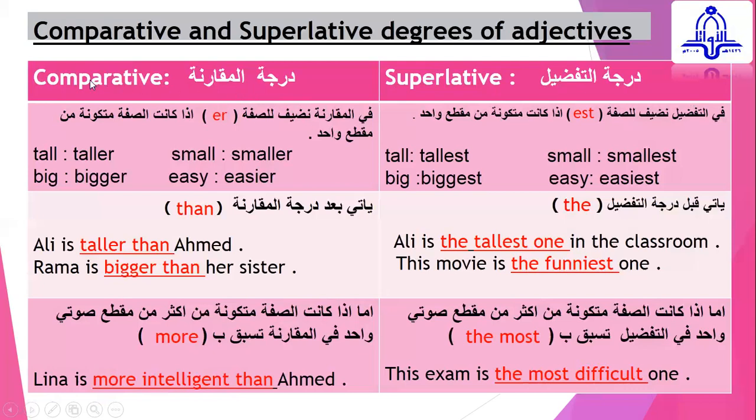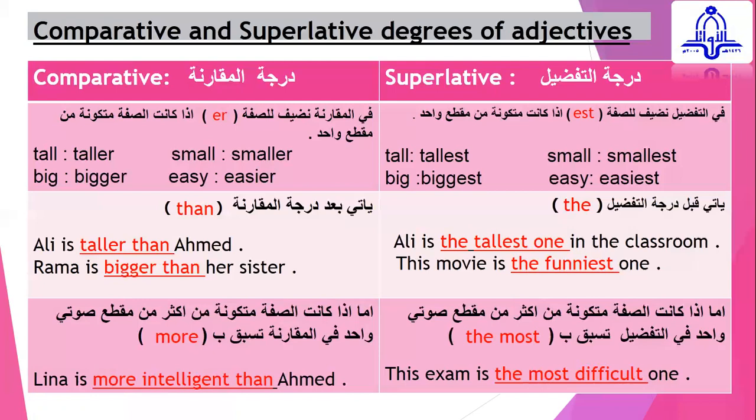Number 1. في المقارنة نضيف للصفة ER، يعني إلى نهاية الصفة نضيف ER إذا كانت الصفة متكونة من مقطع واحد. طبعا at first we should know a very important thing: that for the adjective we should know how many sounds or how many syllables are in each adjective. قبل معرفة درجات المقارنة والتفضيل يجب أن نوضح أنه الصفة تتكون من مقاطع صوتية. فإذا كانت الصفة متكونة من مقطع صوتي بمعنى يوجد حرف علة واحد في تلك الصفة.